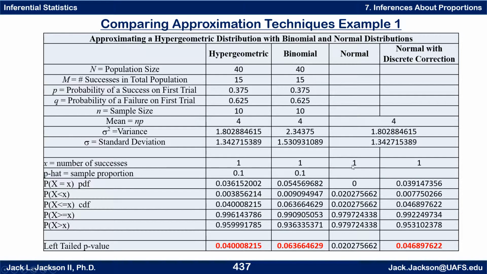Whereas if we do the finite correction factor, using a normal with the same mean and the standard deviation from the hypergeometric version, the mean is the same in all three, and then did the probability up to 1.5, then we get 0.046, which is a lot closer to the actual hypergeometric probability.